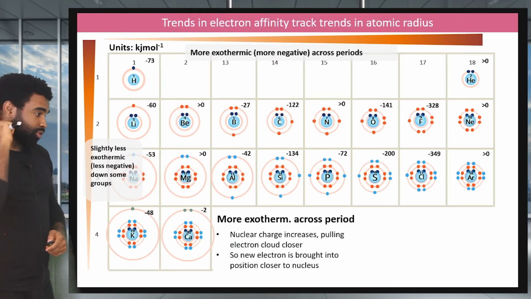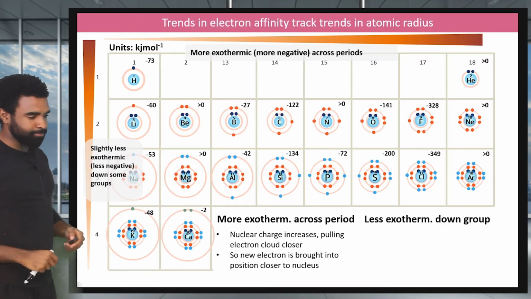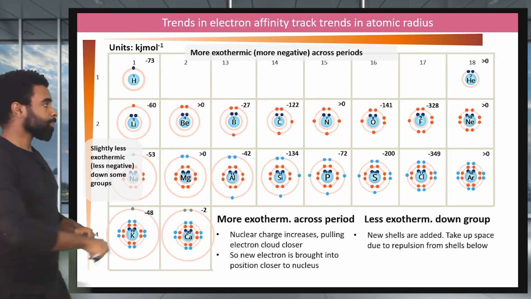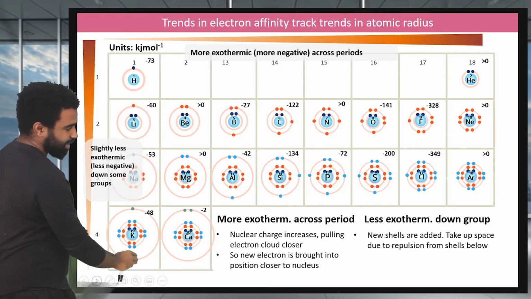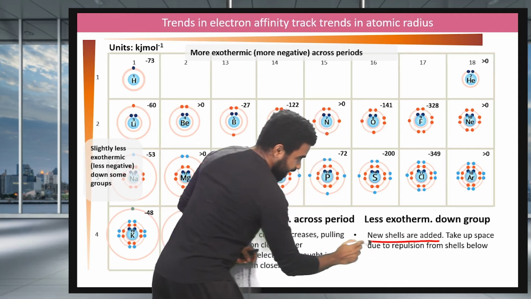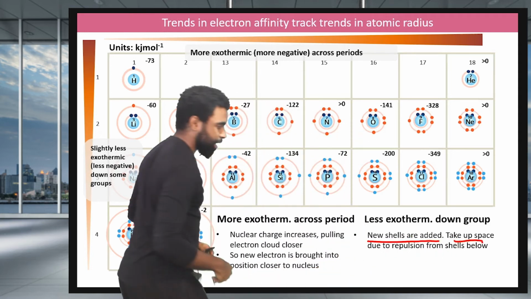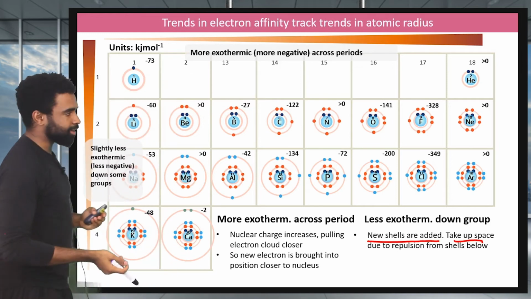Let's look now at the trend down a group and how to explain it. So we had said that it gets less exothermic down a group. Here's the reasoning. New shells are added as we go down a group, and these shells are going to take up space due to repulsion from shells below.